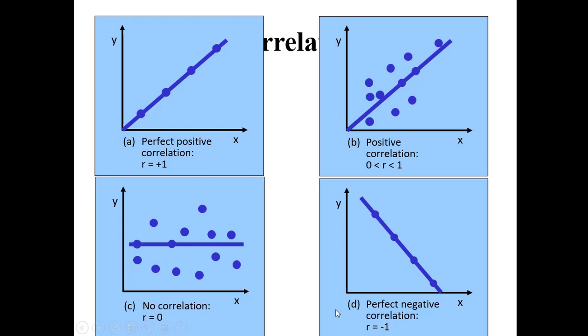For example, if a boy smokes too many cigarettes, the number of cigarettes is going up, but on the other side, the lung efficiency, for example Y represents the lung efficiency, is going down. So one is going up, the other is going down. In the opposite case, when one is going up, the other is also going up. When one is going down in the perfect negative correlation, the other is going up.